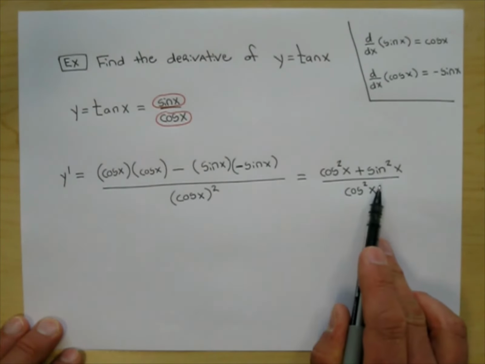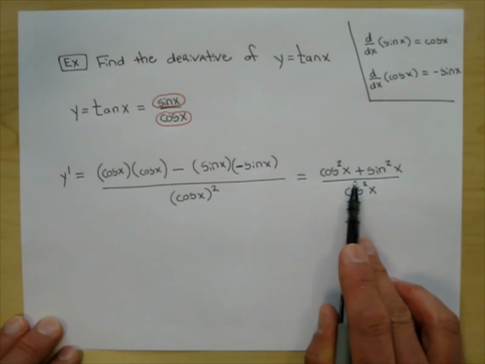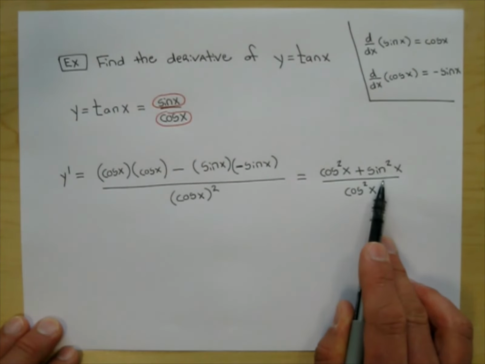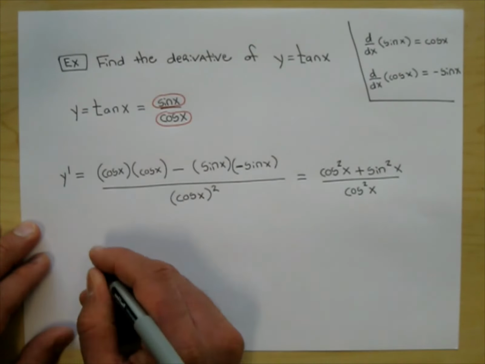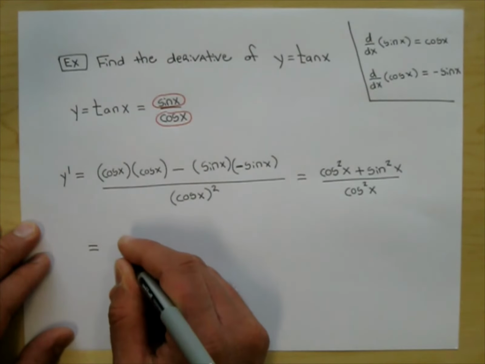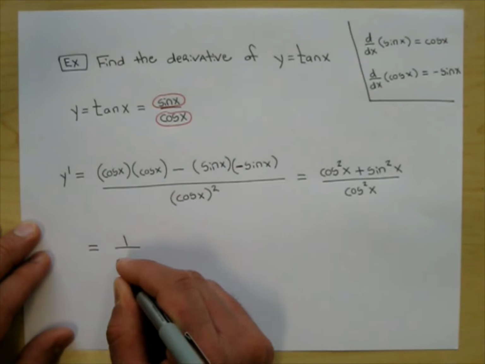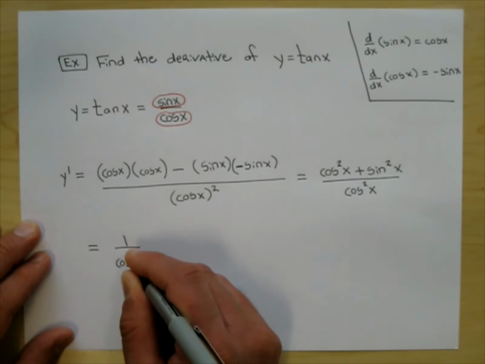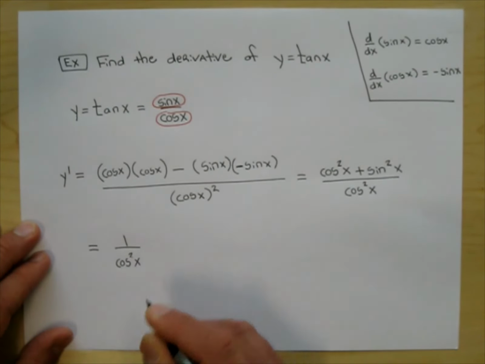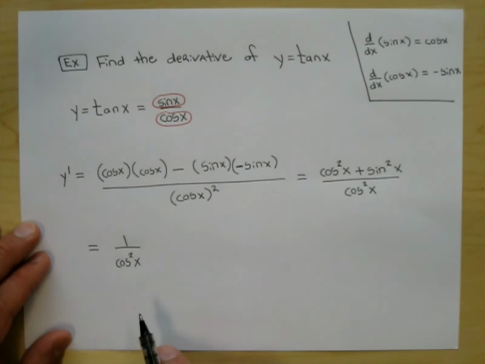Now, does the top remind you of anything? Cosine squared plus sine squared. Well, cosine squared plus sine squared happens to be 1. That's an important identity. So this is 1 over the cosine squared x. And if you remember, 1 over cosine is actually secant.